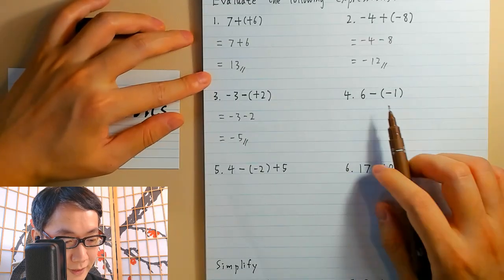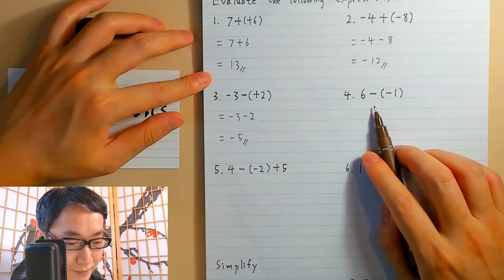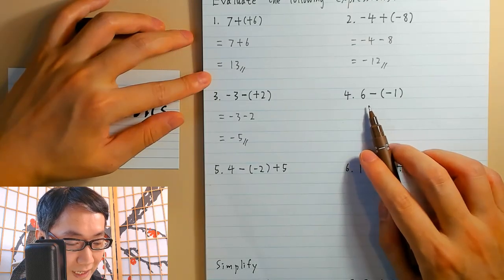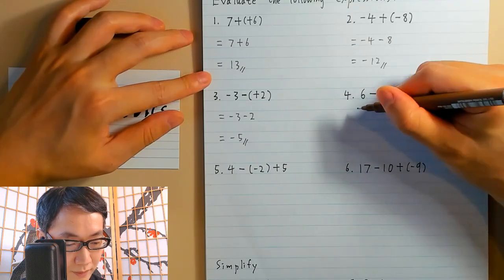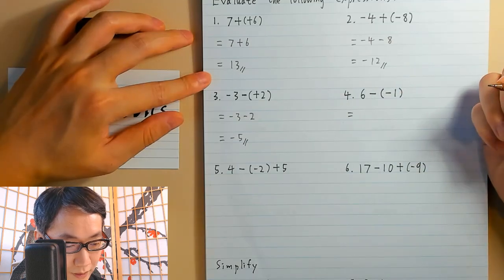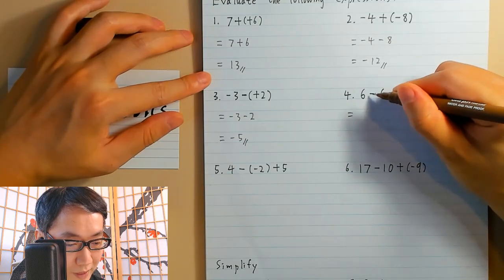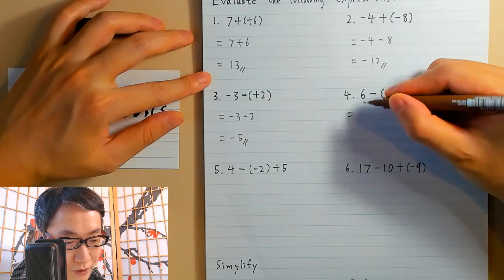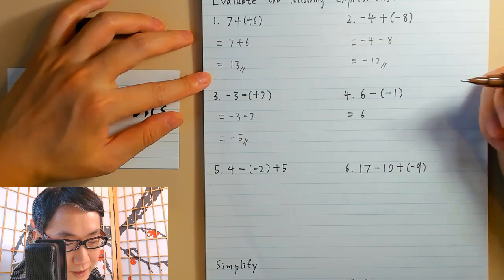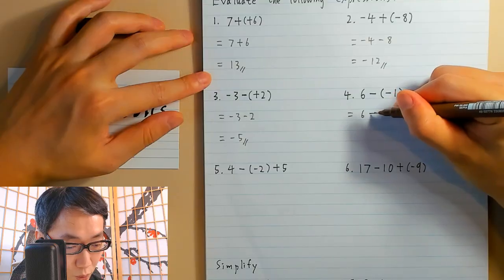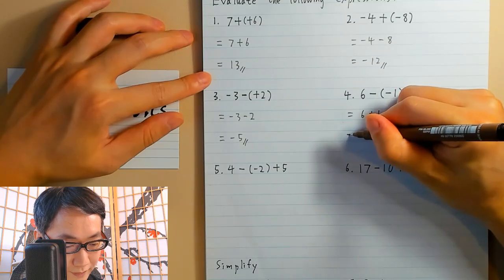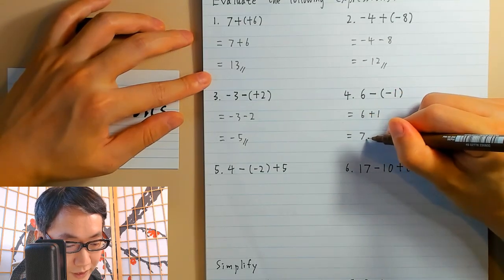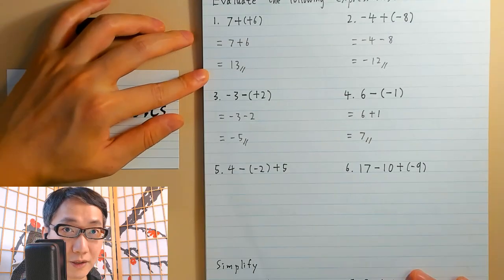Okay, and then we have positive 6 minus negative 1. So negative minus is do the reverse of the next term. So we have positive 6, positive 1, and we have positive 7. Okay.